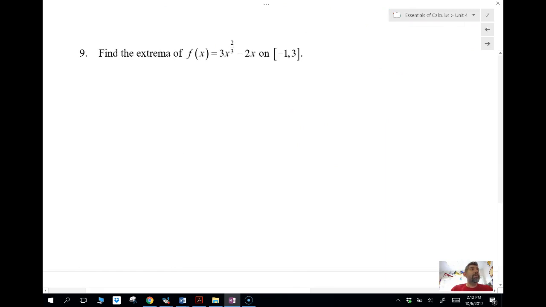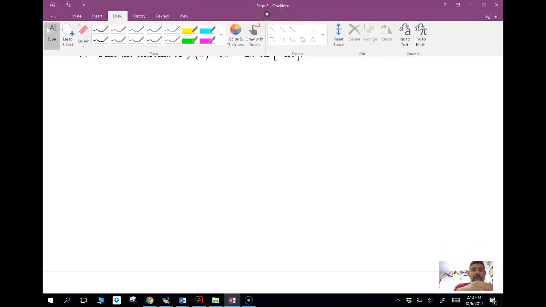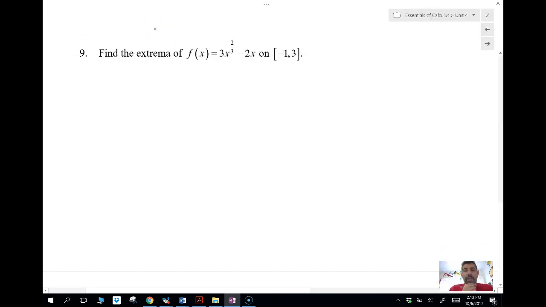Find the extrema. Okay, extrema, same thing. I'm just using different words for these so you guys get used to all of those. They'll come up. Find the extrema of f of x equals this on that interval. So we're going to first take our derivative, and that's going to give me 2x to the -1/3 minus 2.